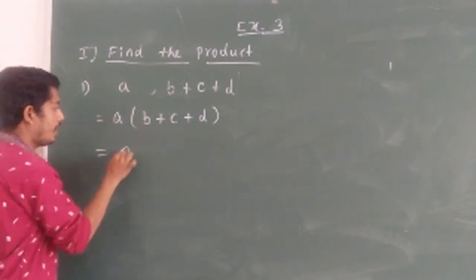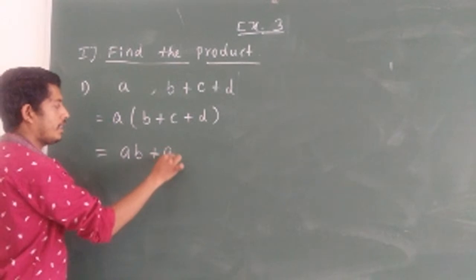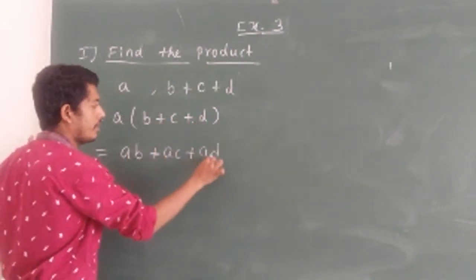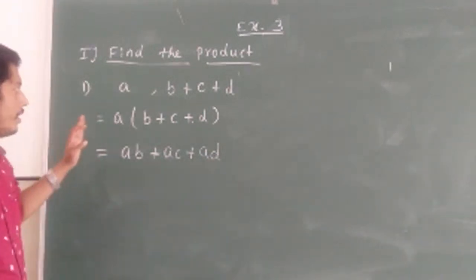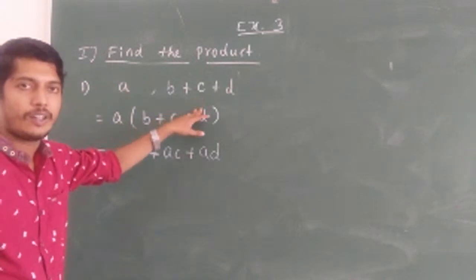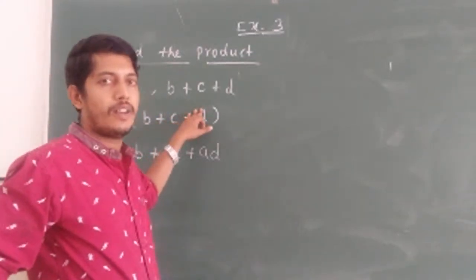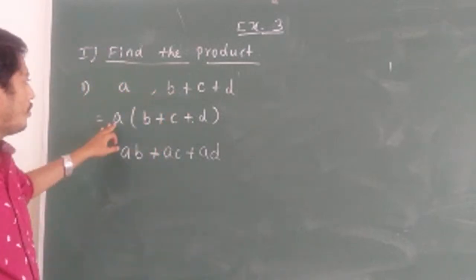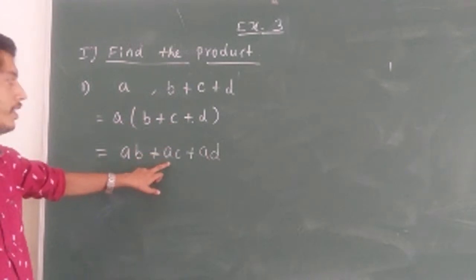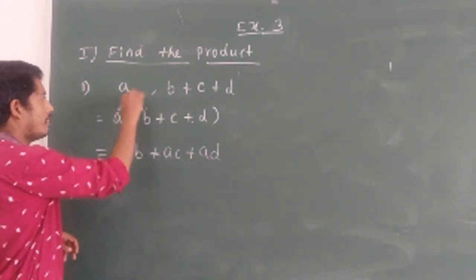A into B, AB, plus into plus A into C, AC, plus into plus A into D, AD. So we have to multiply this monomial, A, to this trinomial, because three terms are present, therefore this expression is known as a trinomial.